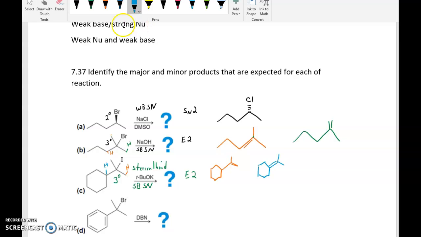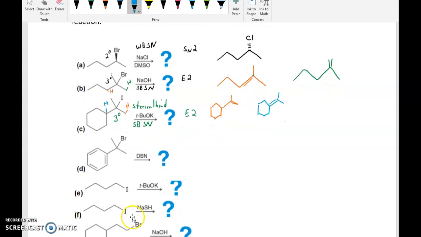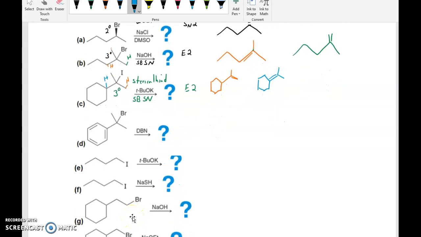So DBN, we were told, you can look up the structure in your book if you're interested in it. It is kind of an interesting structure. It's a strong base and a weak nucleophile. So we will expect an elimination reaction.